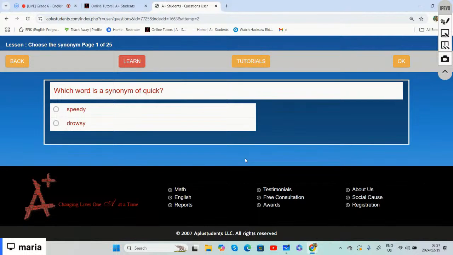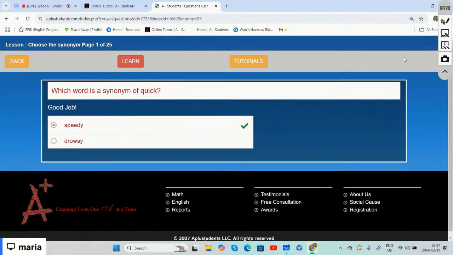And if we were to choose the correct option, we'll say the word that is the same meaning or almost the same meaning as quick is speedy. We do something quickly or speedily.